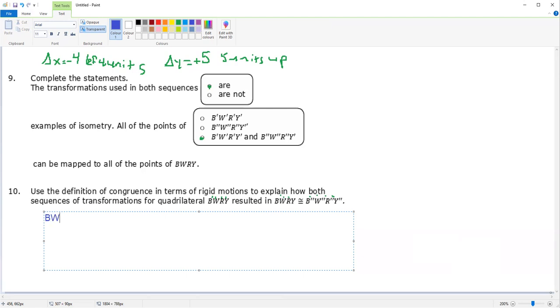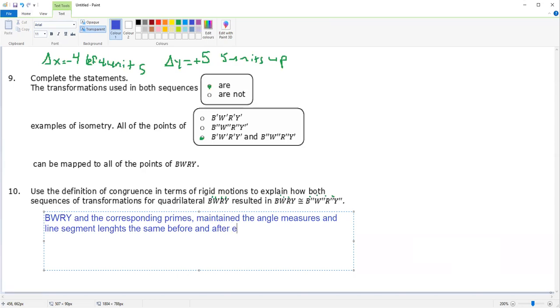B, W, R, Y and the corresponding primes maintained the angles and angle measures and line segment lengths the same before and after each transformation.